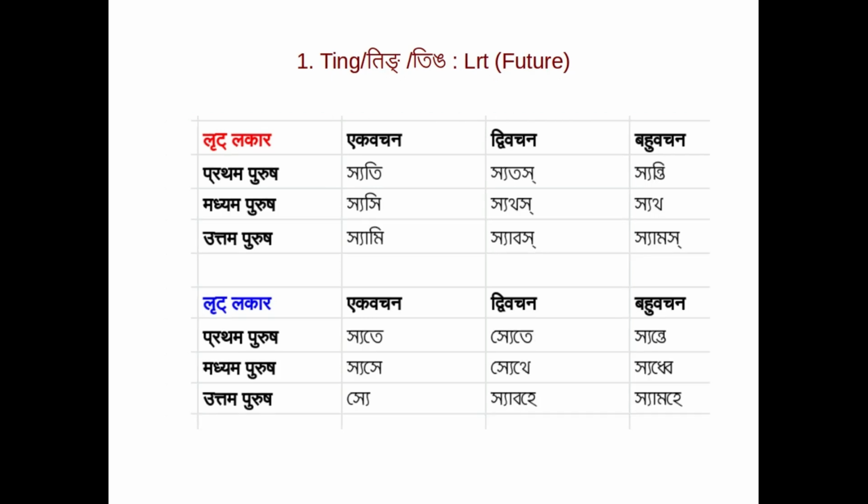And we will give another example, the last example, which is lrit, another tense for future. Syati syatas syanti, syasi syathas syatha, syami syavas syamas. This is for Parasmaipadi. For Atmanepadi we have syate syete syante, syase syethe syadhve, sye syavahe syamahe.